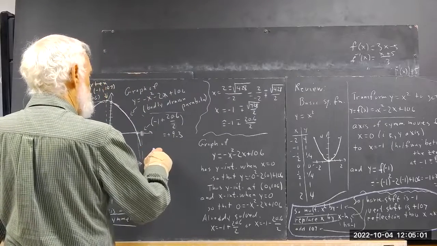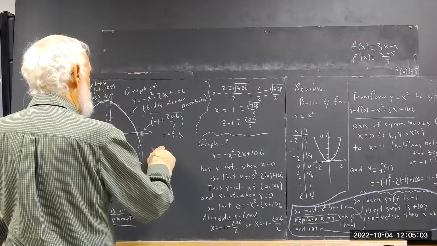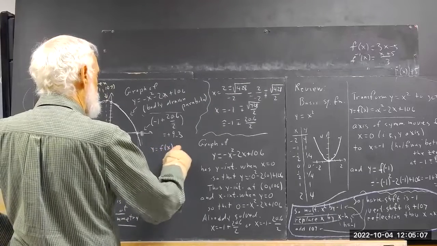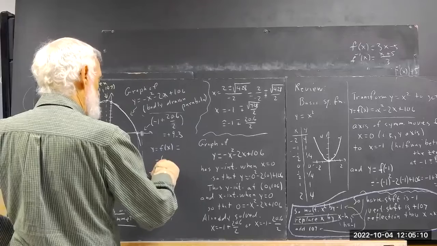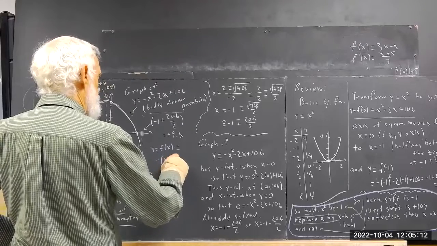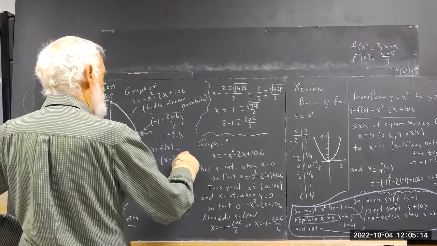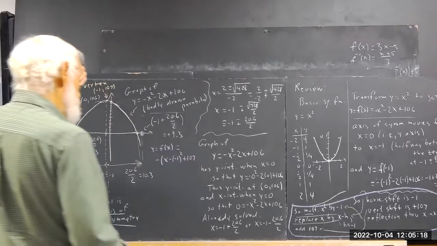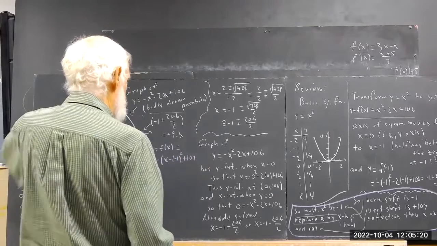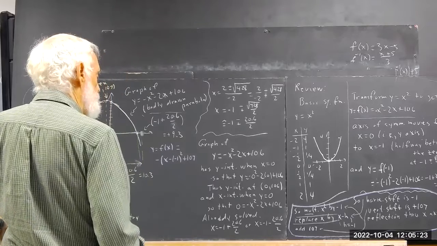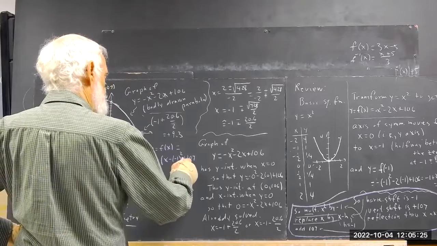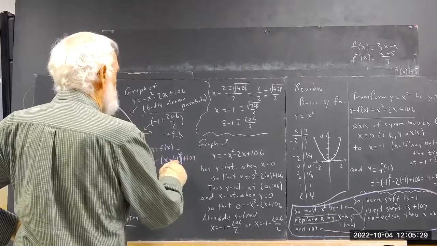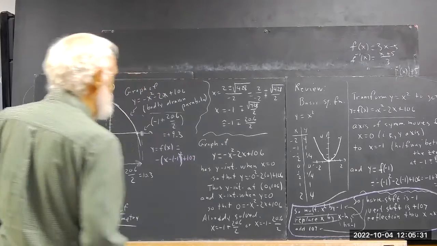We get y equals a negative of x minus -1 squared plus 107.